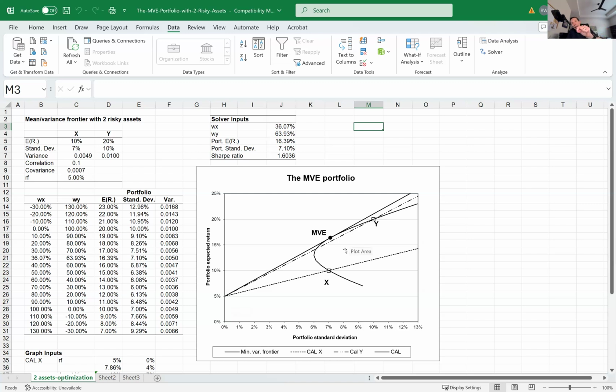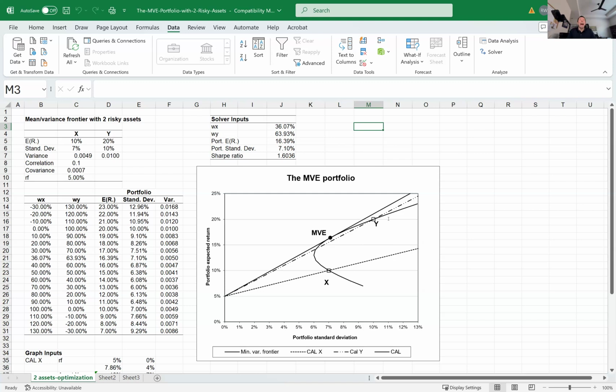So putting some of my money into the MVE and some of my money into the risk-free asset will allow me to be down here on the solid line. If I put all my money into the MVE and nothing into the risk-free asset, that puts me at that point. If I put all my money into the MVE, I borrow some money at the risk-free rate and put that also into the MVE. That allows me to get up here on this solid line.